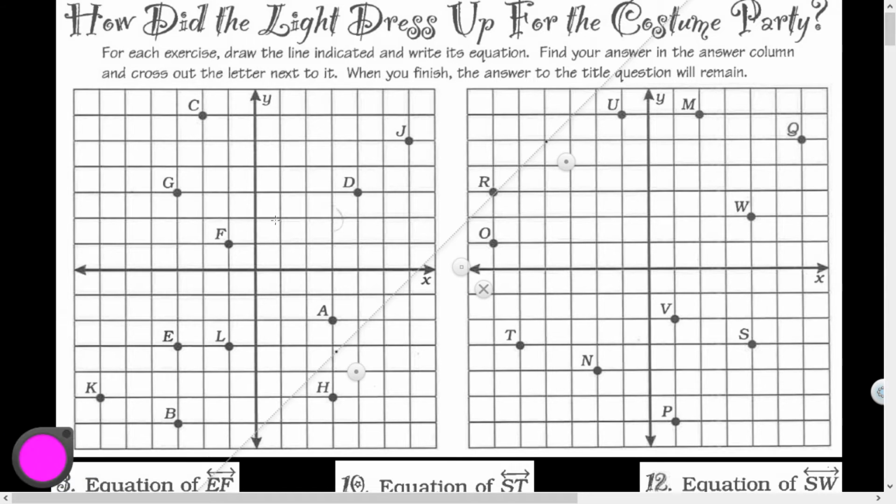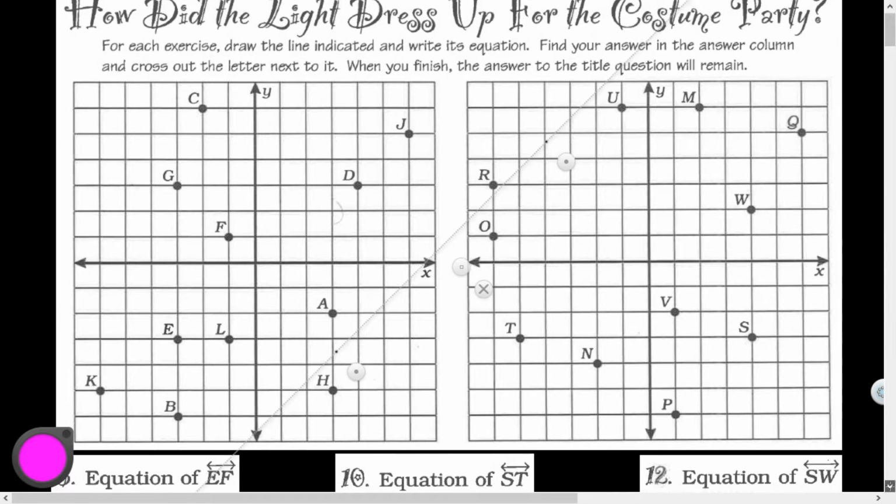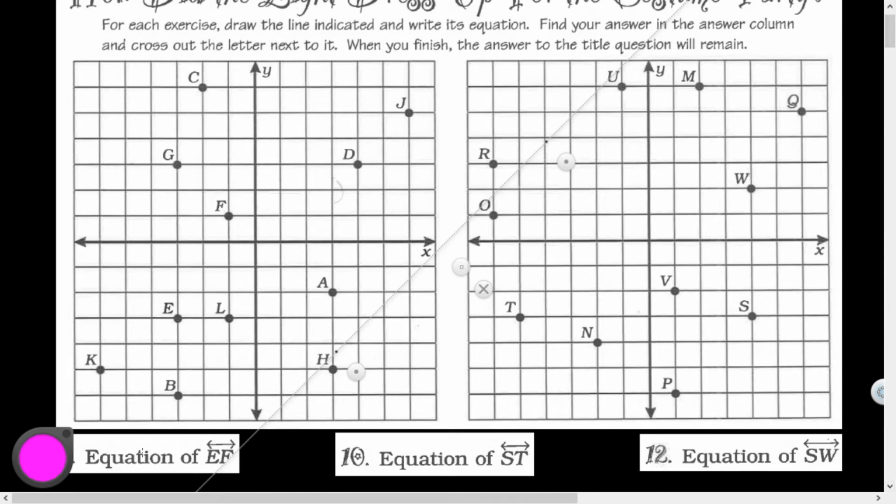So what they have is a series of points through letters, and they ask us to find the equation of EF. If I want to find EF, I'm going to line up my straight edge on E and my other one on the F, and I'll draw that line like so. So there's EF, the line.